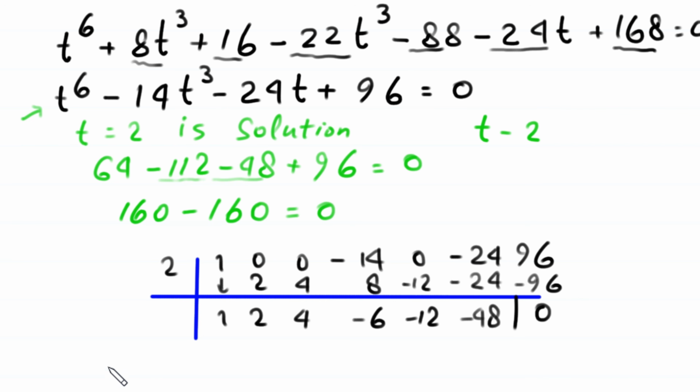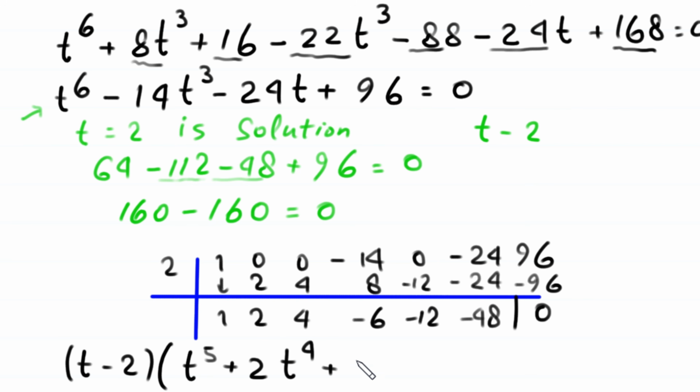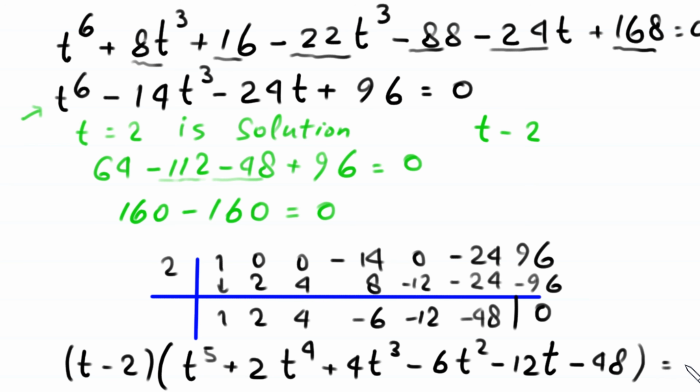It means that the first factor is t minus 2, and the second factor is t to the power 5 plus 2 times t to the power 4 plus 4 times t cubed, negative 6 times t squared, minus 12 times t minus 48 equals 0.